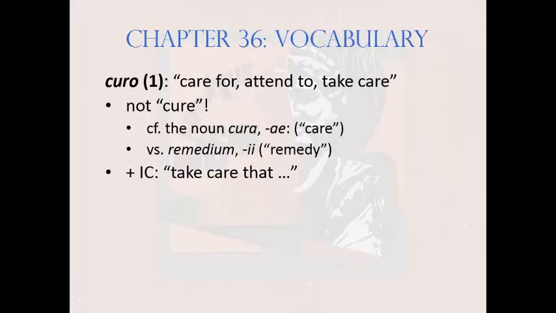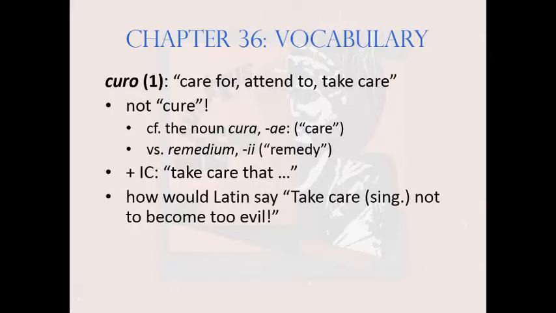Curo often is followed by an indirect command, and if so, it assumes the sense take care. So how would Latin say, take care, singular, not to become too evil? How is indirect command formed in Latin? Ut or ne plus the subjunctive. Will you use ut or ne here? Ne, it's a negative indirect command.